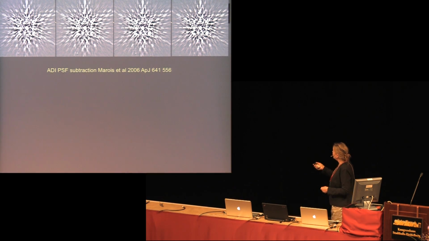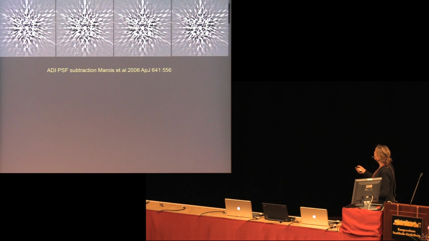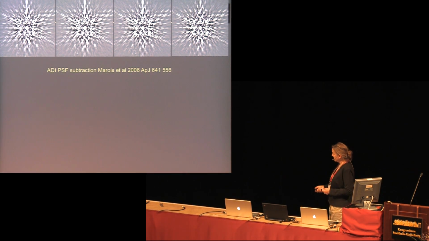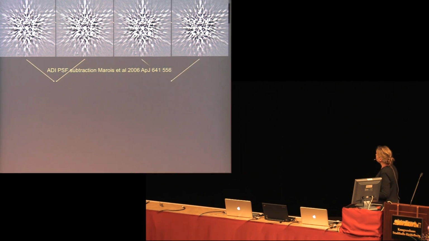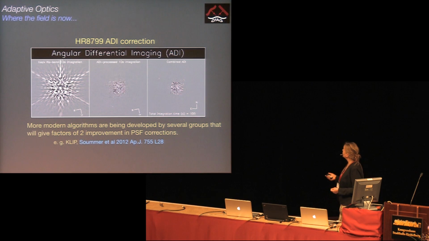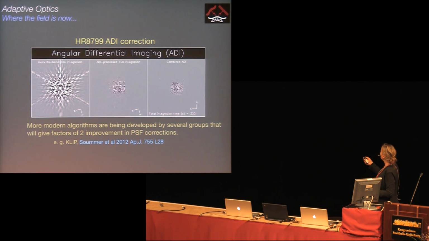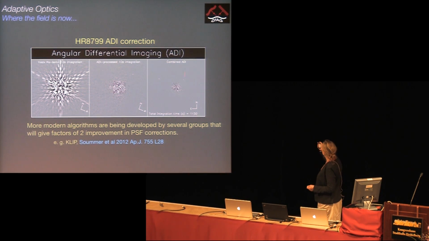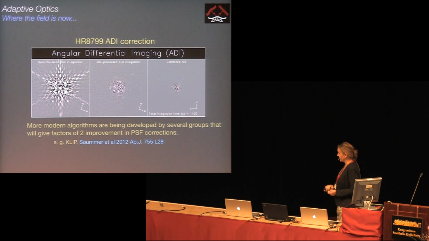Marois et al. did a lot of the pioneering work on this, where you take several AO snapshots and combine the images, so that you begin to average out the noise. With this technique, by co-adding frames, you suppress a lot of the wings of the PSF and begin to detect planets like this in this image of HR 8799, where you can pretty clearly see the planet.